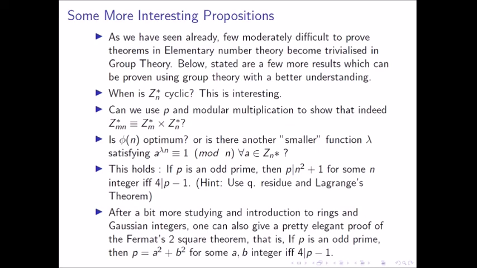Now the next question: can we use the map between Zmn and Zm cross Zn, which we used to prove the cyclicity of Zm cross Zn when m comma n is equal to 1? We used to show that whenever m comma n is 1, then Zmn star, that is the group of units, is also isomorphic to Zm star cross Zn star.